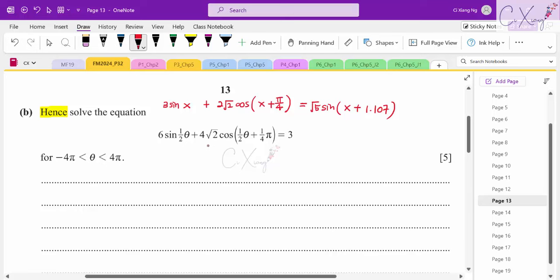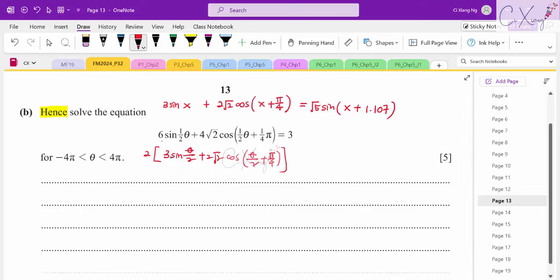Okay, if I try to compare this and this, you will see that I'm having 3 and also 2√2, but here it is 6 and also 4, which means that later I need to factorize out the 2. If I factorize out a 2 from this equation, then I'm having 3 sin θ/2 plus 2√2 cos(θ/2 plus π/4). If I factorize out a 2, then I compare again for the second time, this one and this one.